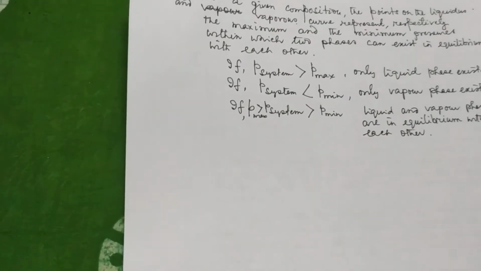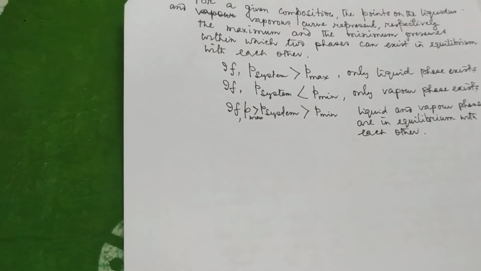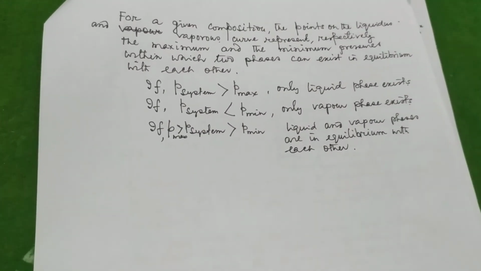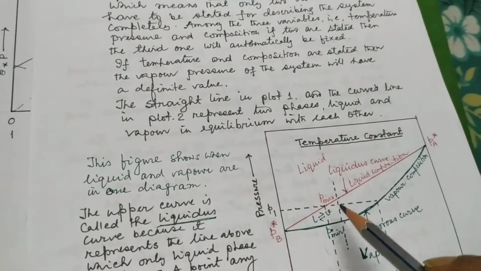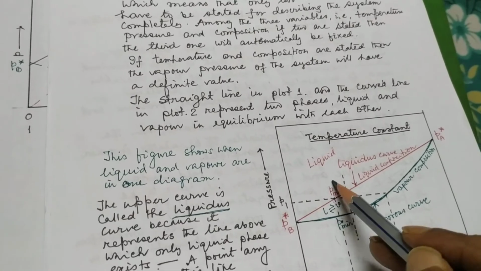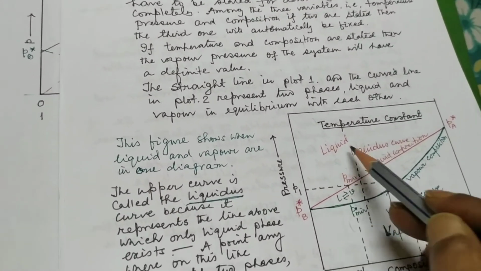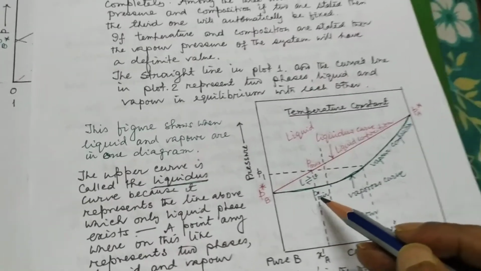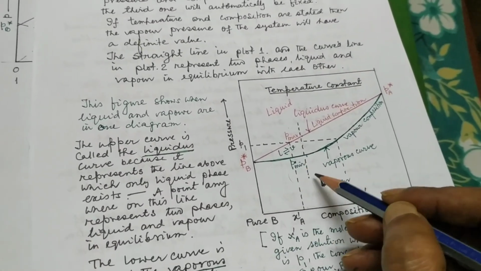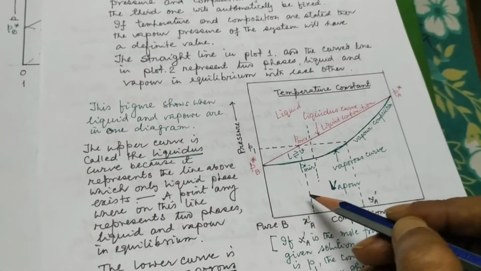If the pressure of the system is greater than P max, only the liquid phase is obtained. If the pressure of the system is less than P minimum, we get the vapor phase.